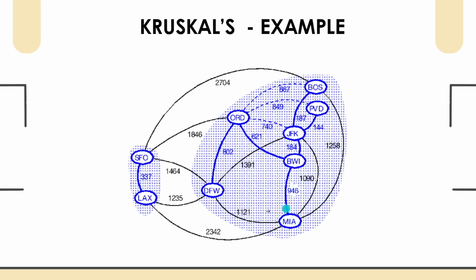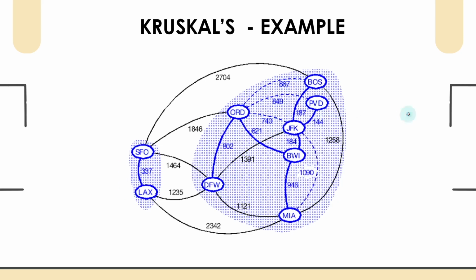By this time you could see that the forest has been reduced to 2 trees, and the only thing is we have to establish a connection between this component and the other component here. And our next possibility is to find some edge with a cost greater than 946, and probably the next one should be 1090.